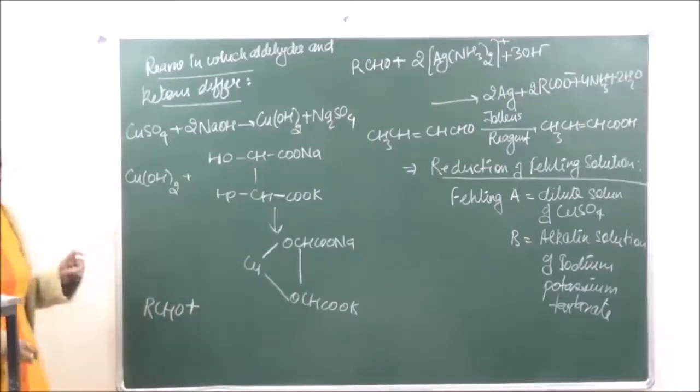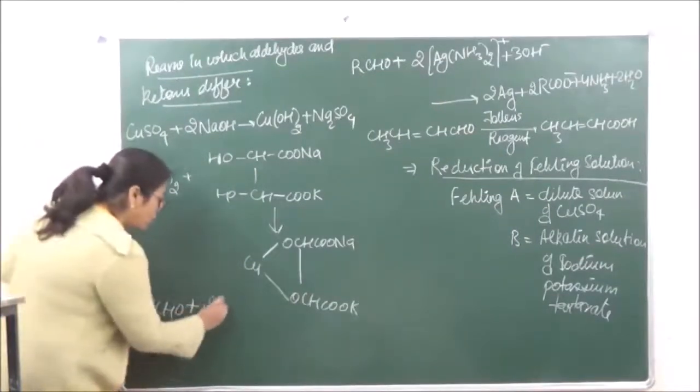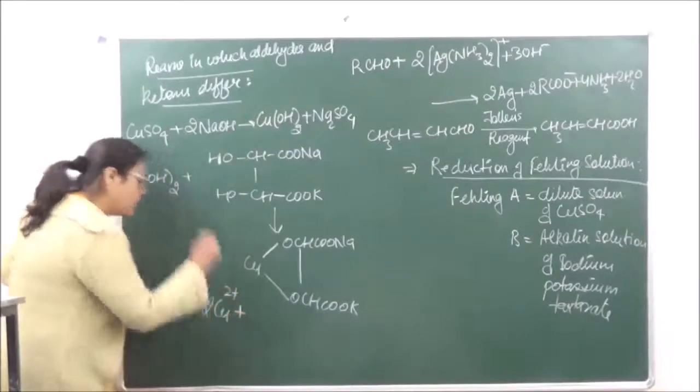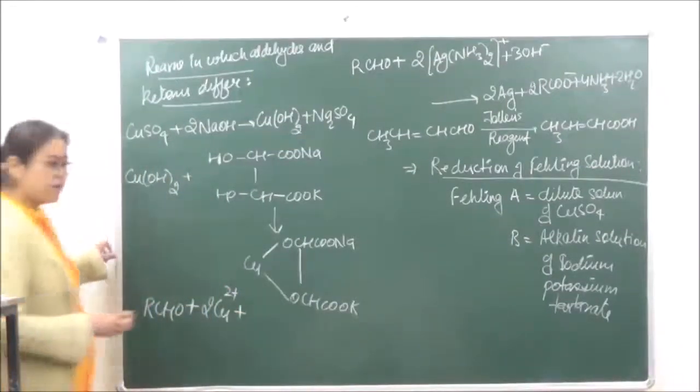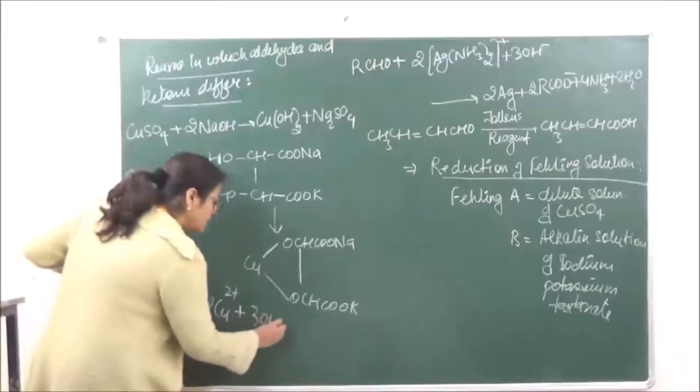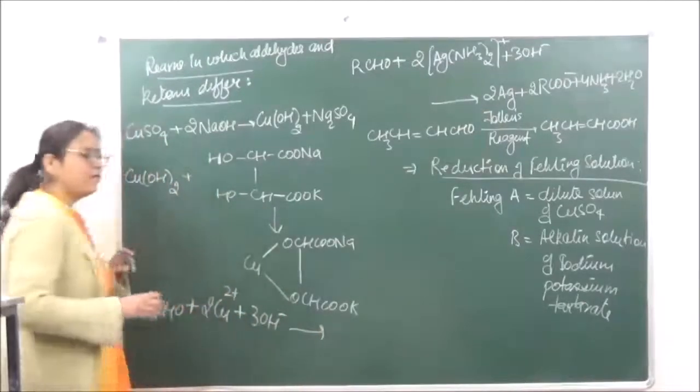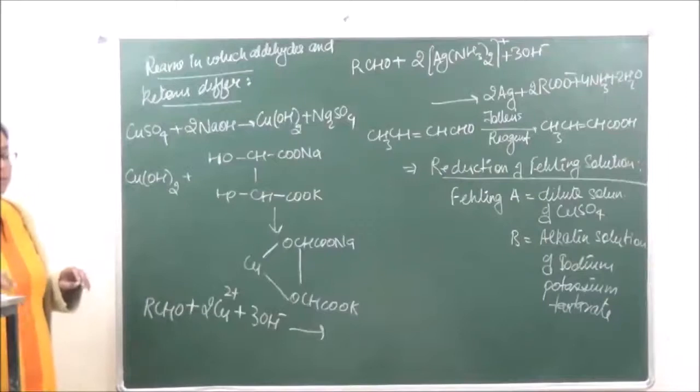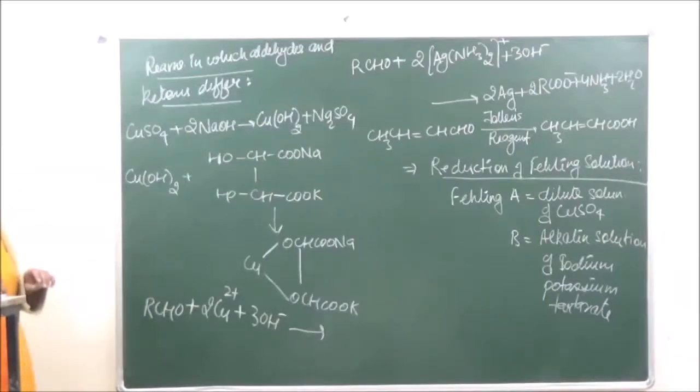So the ionic equation: the aldehyde will react with Cu2+ in the presence of an alkali, 3OH-, to give us a reddish precipitate of cuprous oxide.